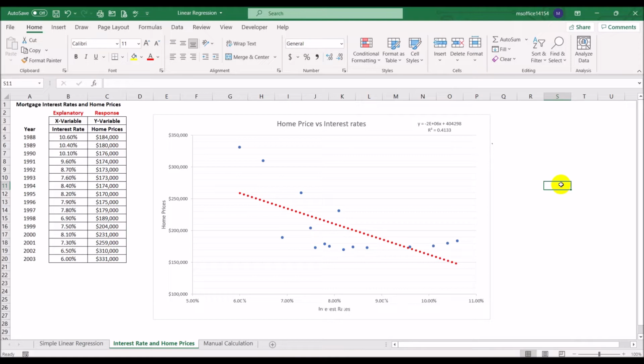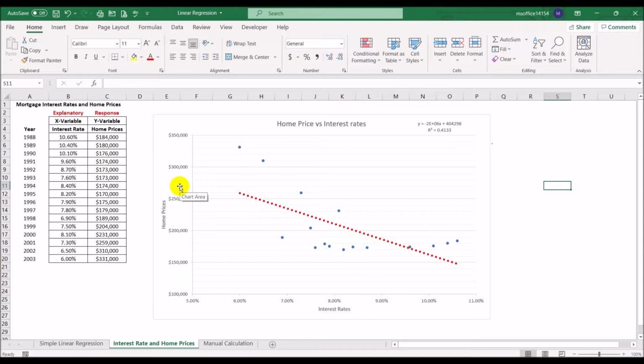What this means is this line is your trend line. It shows you what the trend is. Because it is sloping downwards, that means as your interest rates go up, the home prices tend to go down, which is actually logical, because as the interest rates go up, it becomes more expensive to afford a home, because you'll be paying the banks a higher interest rate, and so your monthly payments would be higher.